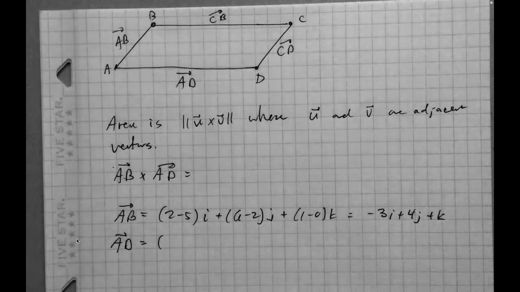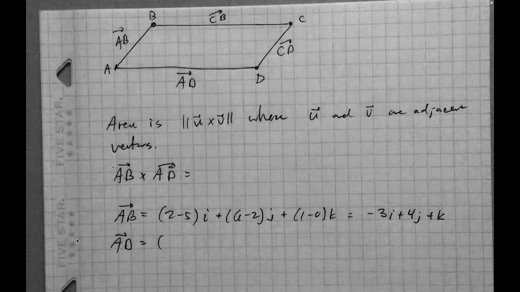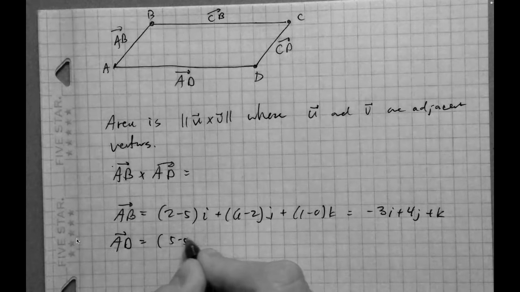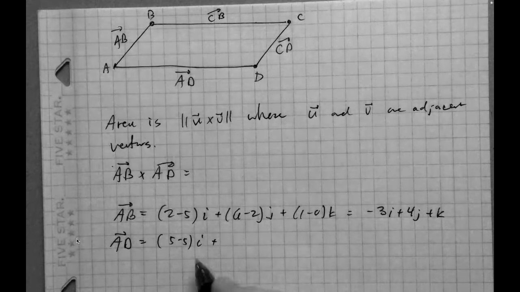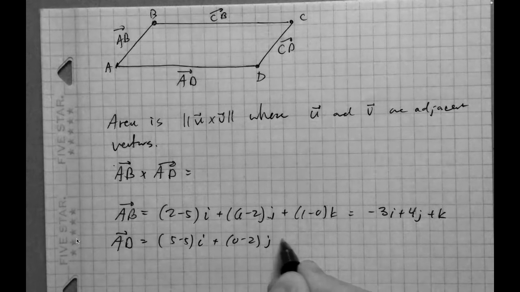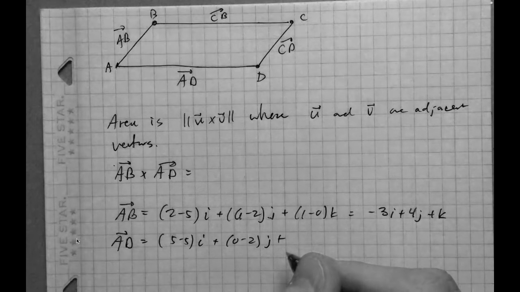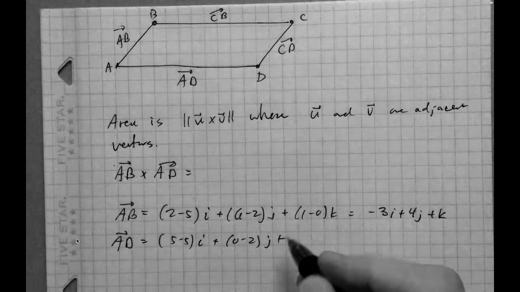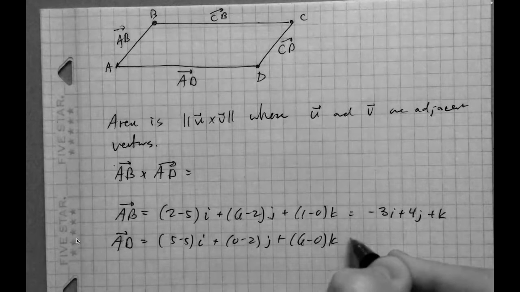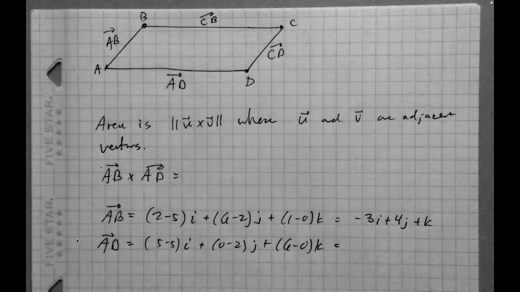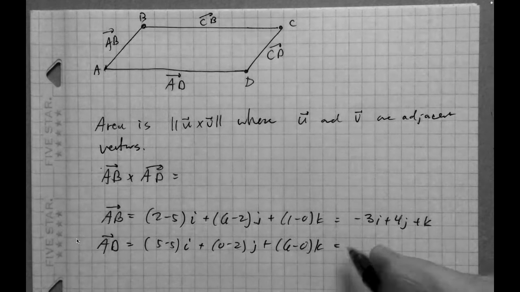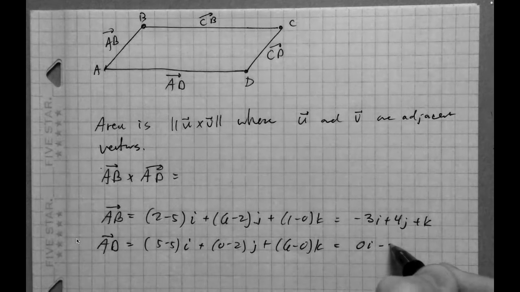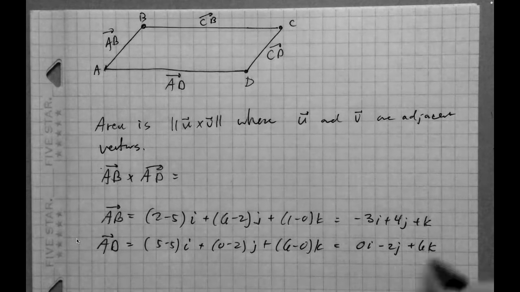For AD, it would be 5 minus 5 i, plus 0 minus 2 j, plus 6 minus 0 k. Again, just subtracting the points here. And what you would end up with for AD ultimately is 0i minus 2j plus 6k.